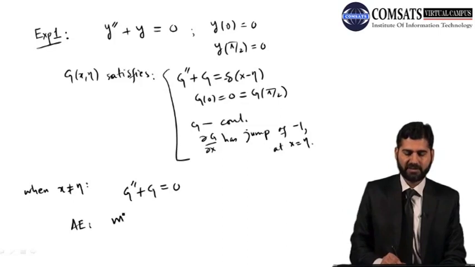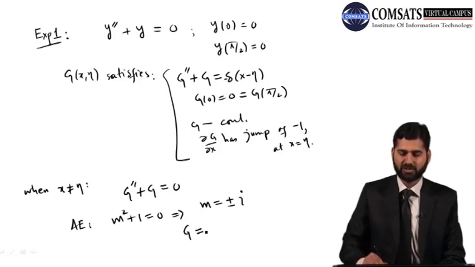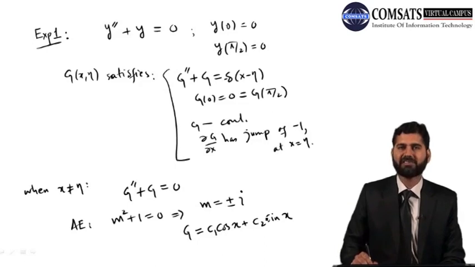The auxiliary equation has m square plus 1 is equal to 0. This implies that m is equal to plus and minus i. So your g is equal to c1 cosine x plus c2 sine x.